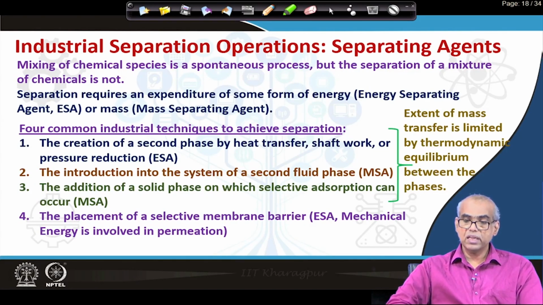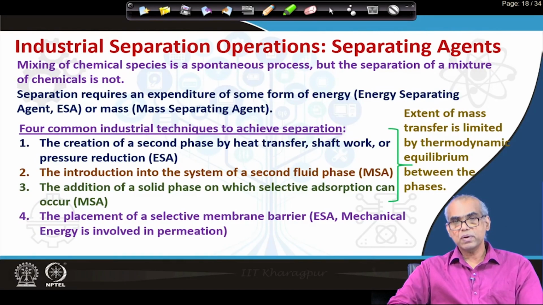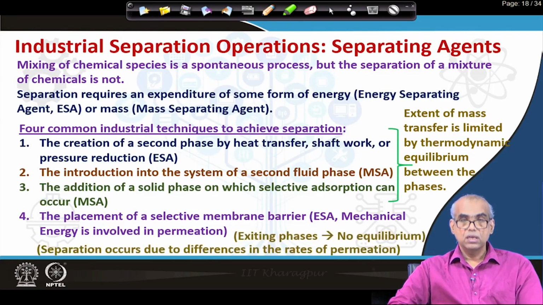In all these 3 cases, the extent of mass transfer is limited by thermodynamic equilibrium between the phases. But in case of membrane based separation process, the exiting phases are not in equilibrium with each other. The separation occurs due to the difference in rates of permeation of the species involved.